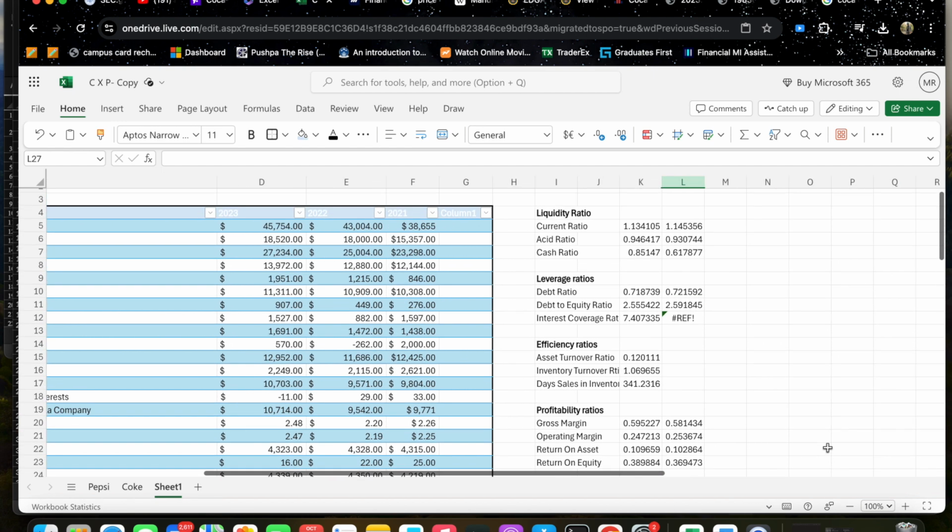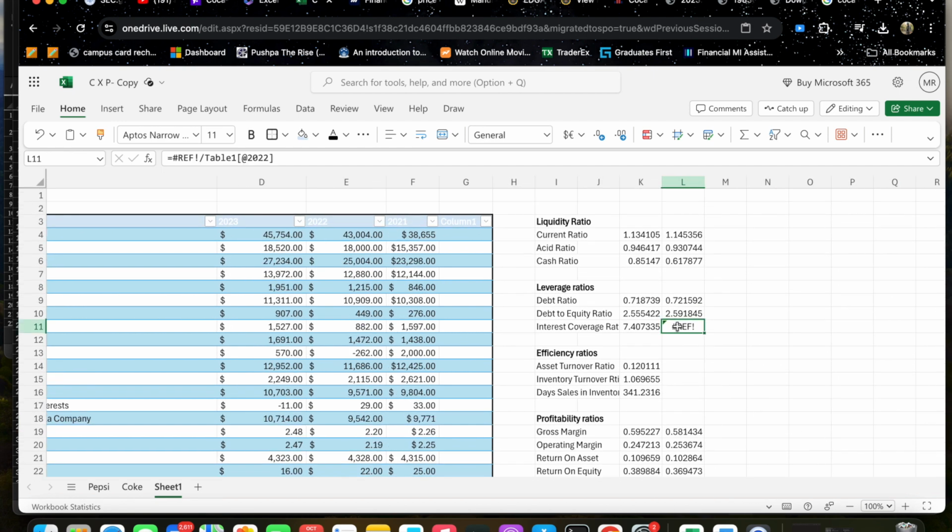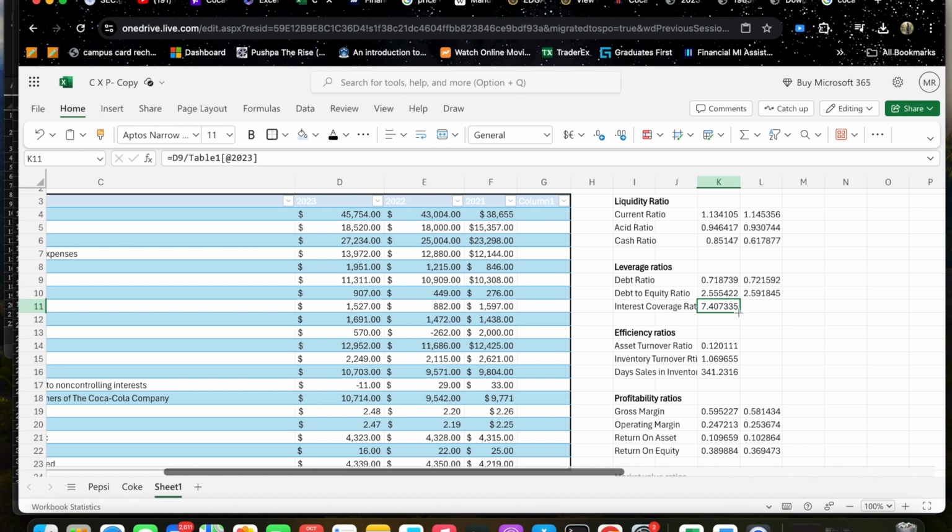Here you go. Now I'll simply drag the formula to get the interest coverage, because as I have sorted out the data, dragging the formula bar should be fine now. So here you go.